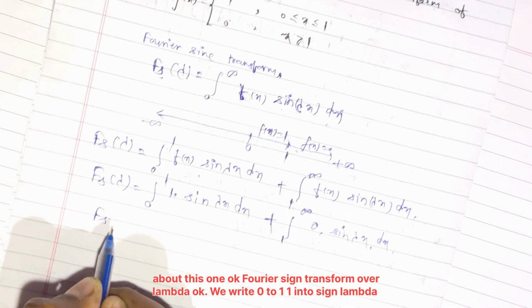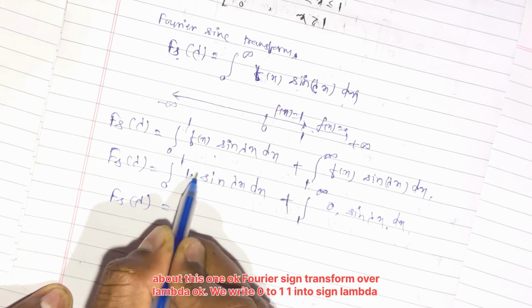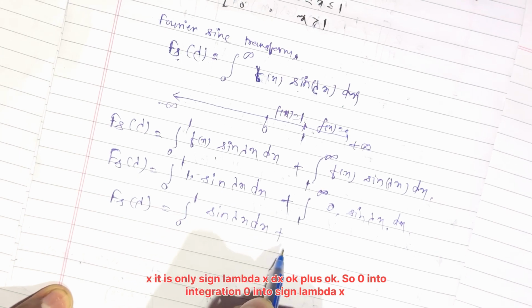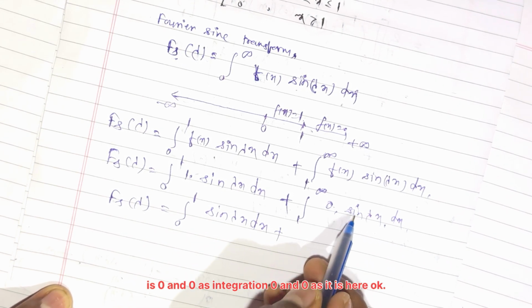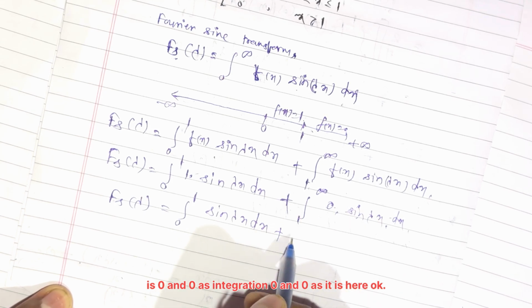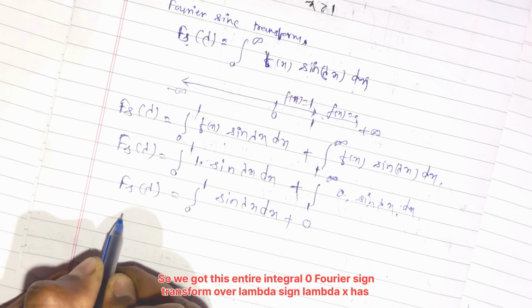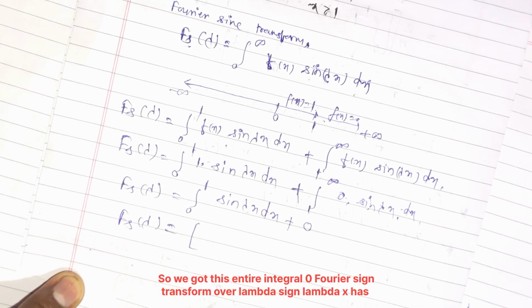The Fourier sine transform over lambda is the integral from 0 to 1 of sine lambda x dx, plus 0, since 0 times sine lambda x is 0 and its integral is 0. So this entire integral is 0. Then we integrate sine lambda x.